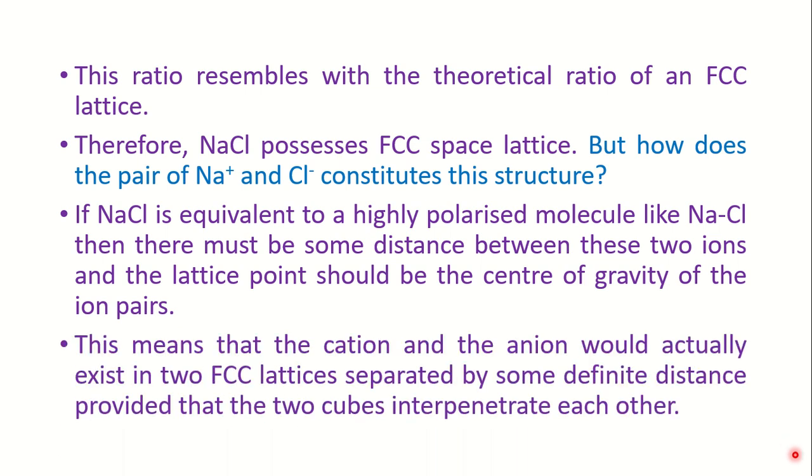This means the center of gravity forms the FCC lattice. So around this center of gravity there are 2 points. One point is constituted by sodium, another by chloride. So one FCC lattice would be constituted by sodium and another by chloride. This means the cation and the anion exist in two FCC lattices separated by some definite distance, provided that the two cubes interpenetrate each other.